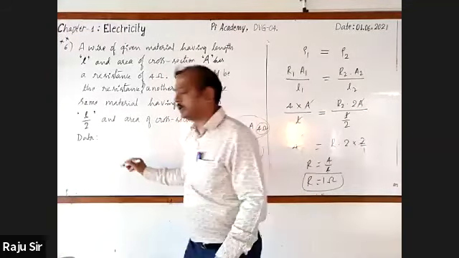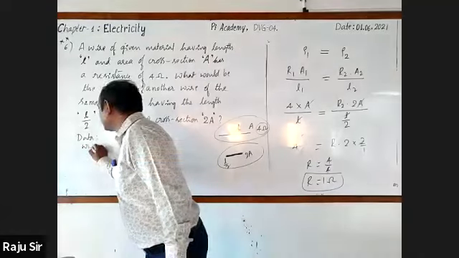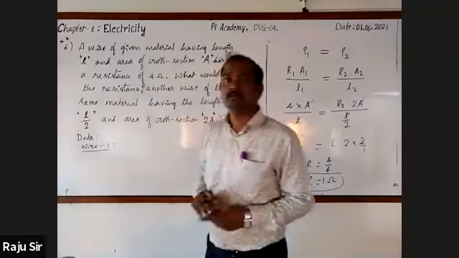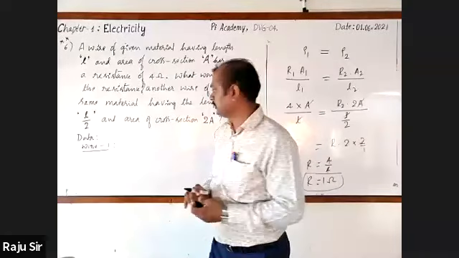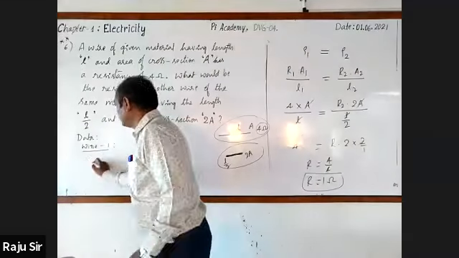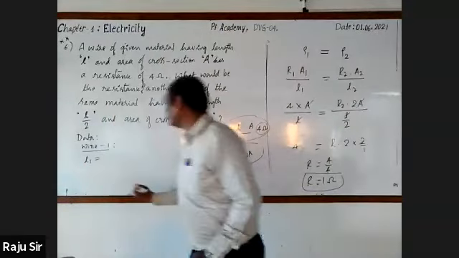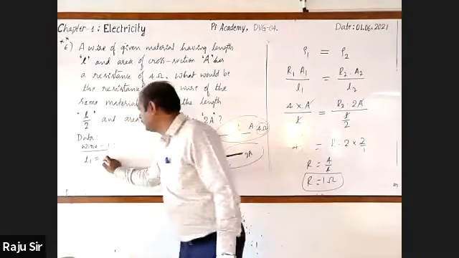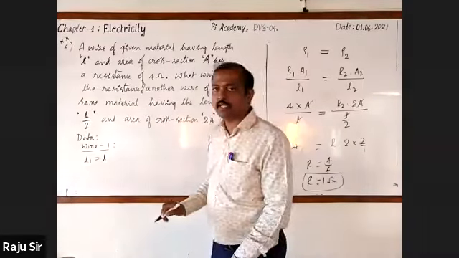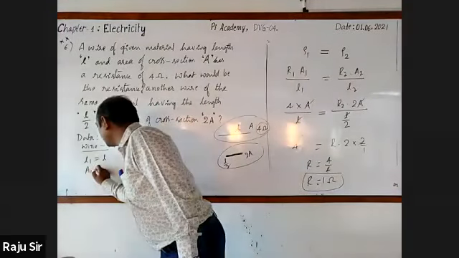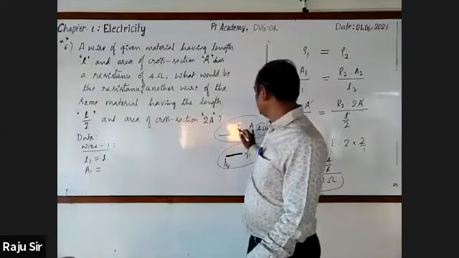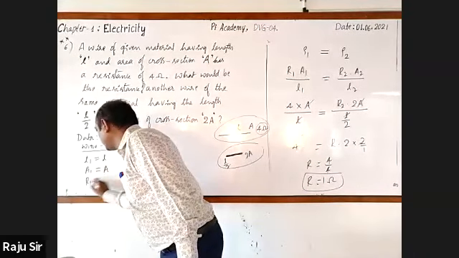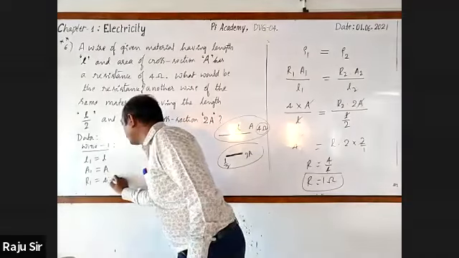First, write the data. There are two wires of the same material. Wire 1: the length is L, you take that as L1. Length of the first wire is L. Area of cross section of the first wire is A. And resistance of the first wire is 4.